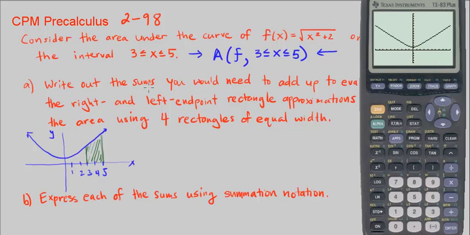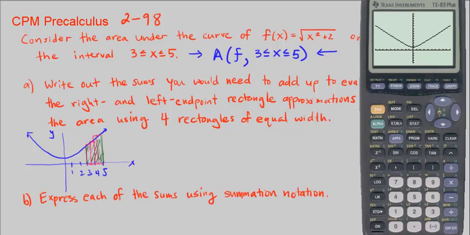So write out the sums you would need to add up. If I'm using 4 rectangles fit into these 2 units, each rectangle is going to be half a unit wide. One rectangle going up to here, one here, another one here.